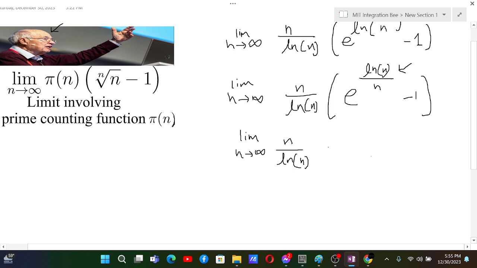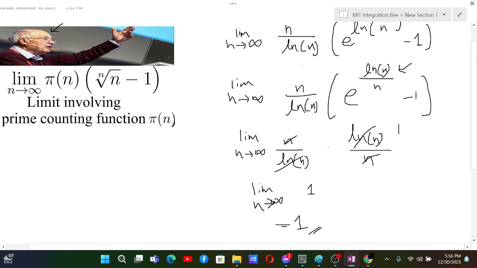X is this power, which is ln n by n. Now you can see that these actually cancel each other out, and 1 will be there. So it's just the limit as n tends to infinity of 1, and that's 1. So we have solved this problem.